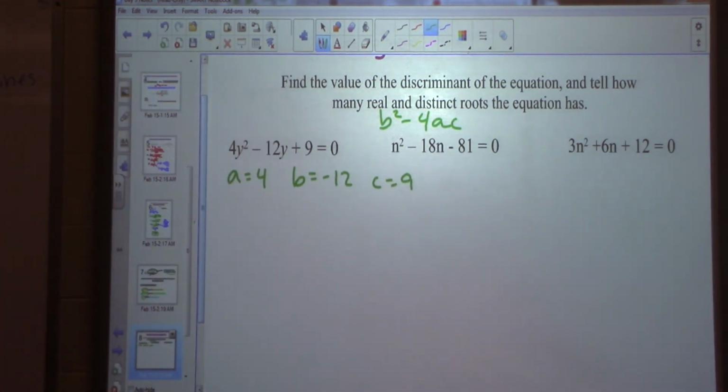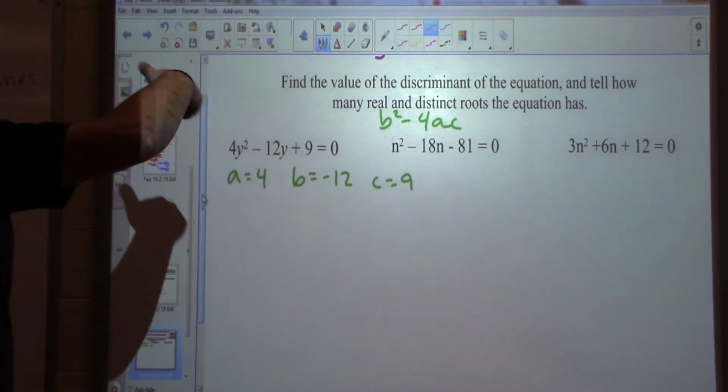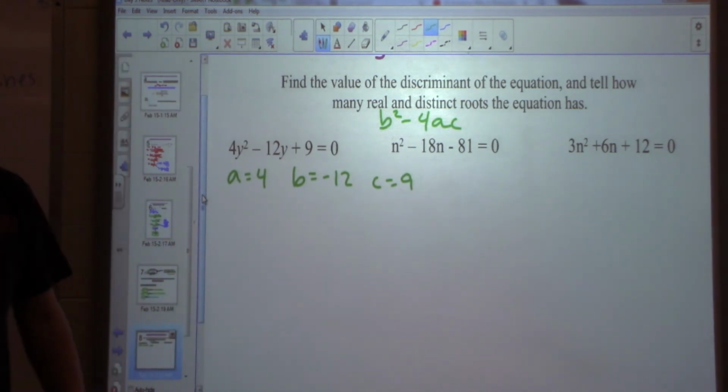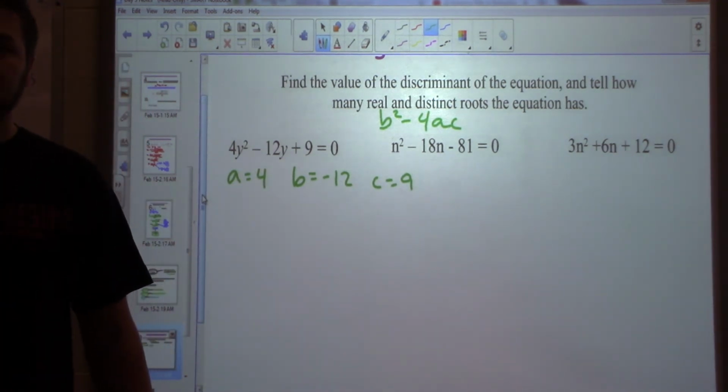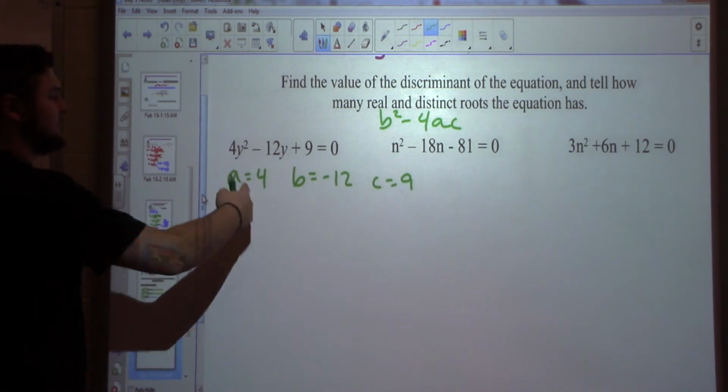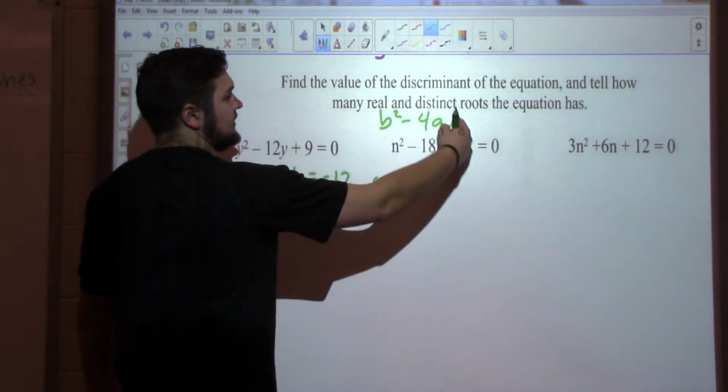Like I said, if it comes out negative, that means underneath my radical I'm going to get an i. If it comes out positive, it's going to be 2 real solutions. 0 is going to be 1 real solution. So I'm going to plug it into my discriminant.